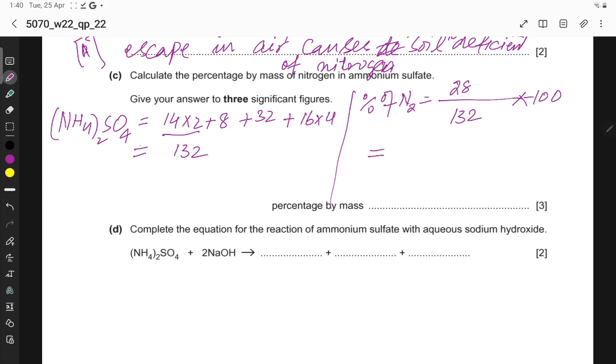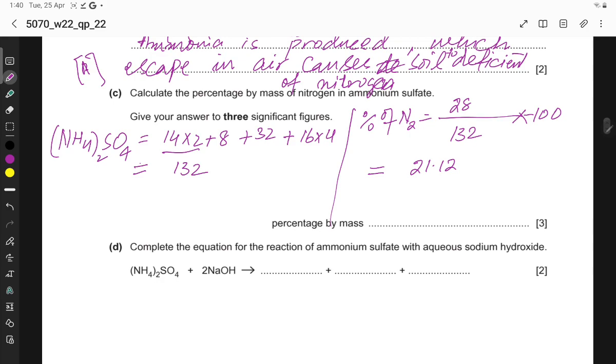It is equal to 21.21%. So give your answer to three significant figures. The answer must be in three significant figures, so 21.2%.